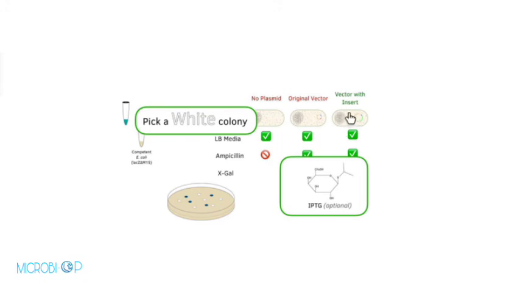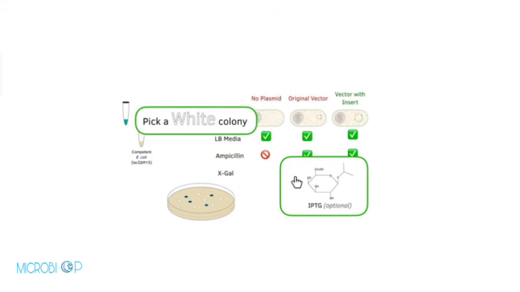Now the host containing plasmids can be of two types: one in which the plasmid has been cut and the DNA insert has been added, and the other in which no DNA insert is added. The original vector, where no DNA insert is added, will grow on the ampicillin containing medium and will cleave X-gal.